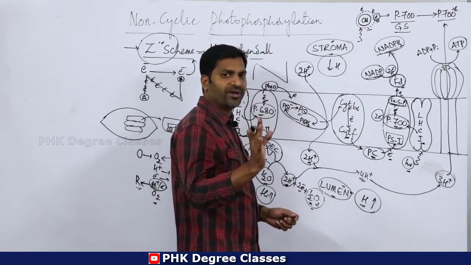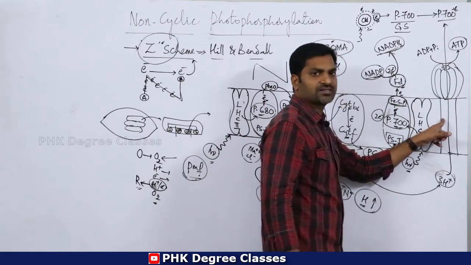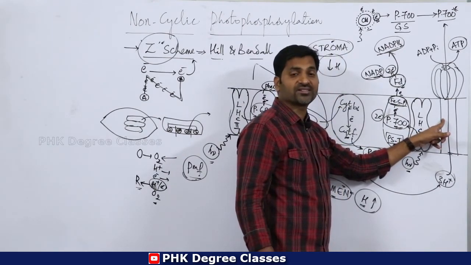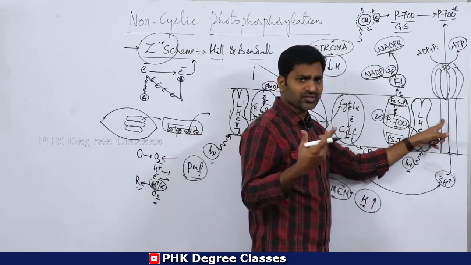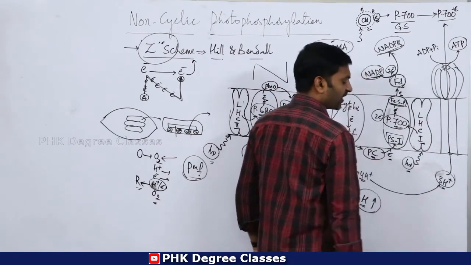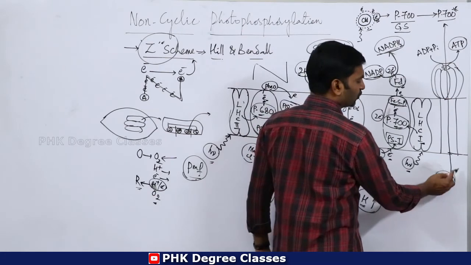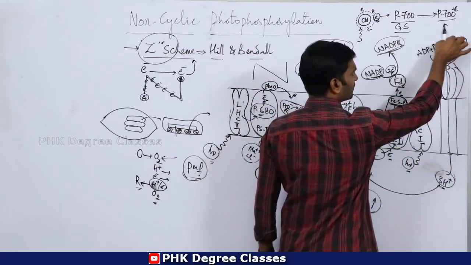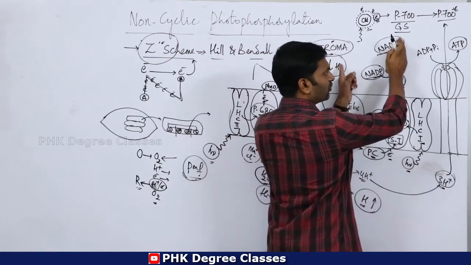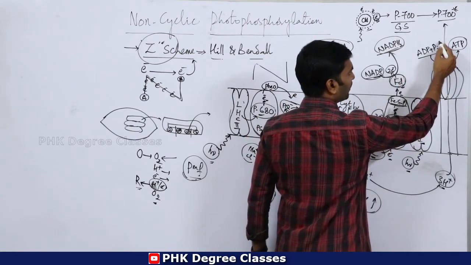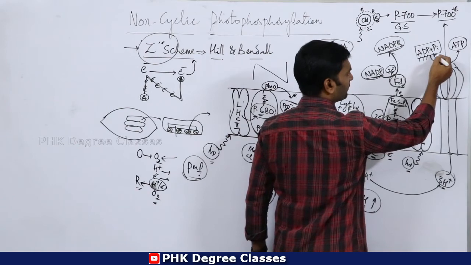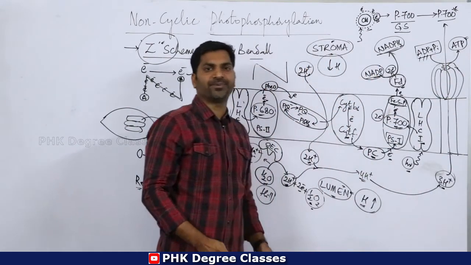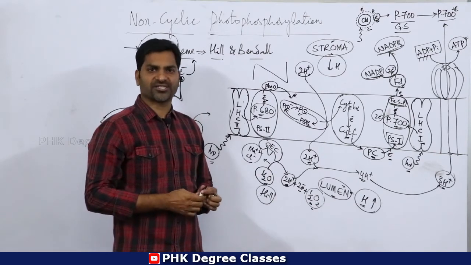This movement takes place through the oxysome, the F0-F1 complex, or coupling factor. Every time 3 protons move through the oxysome, from lumen to stroma, adenosine diphosphate combines with phosphate and there is formation of ATP, adenosine triphosphate.